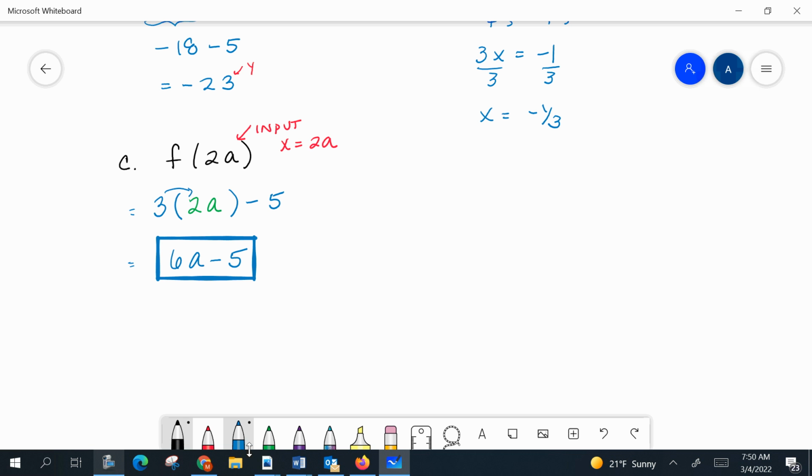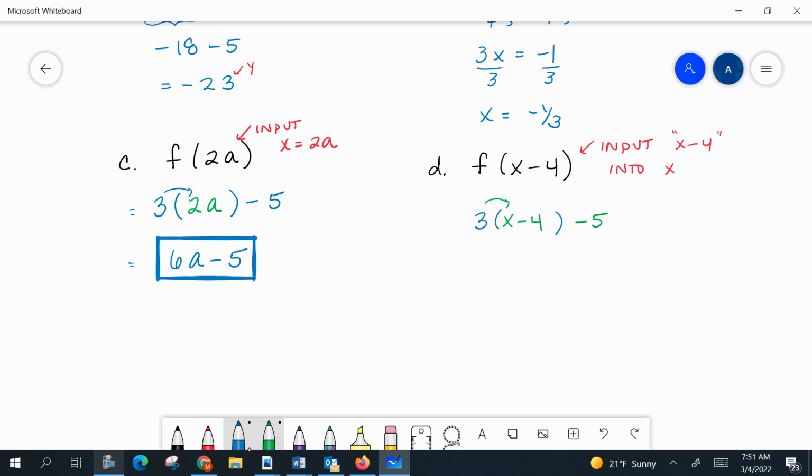Okay, so let's build on that a little bit. Let's suppose now that for the last part in this example, we need to find f of x minus 4. Okay, so again, what this means is input x minus 4 into the x in the function. Okay, so this is going to be 3, we're going to replace the x with x minus 4, and then we're going to put minus 5.